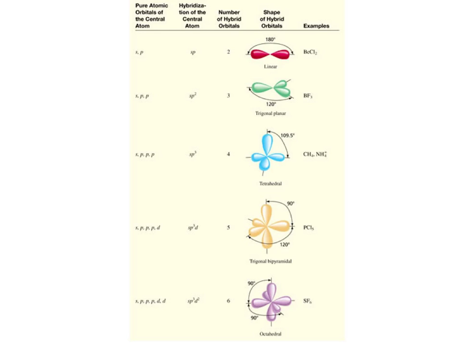When we mix those 3 p's and 1 s, that gives us our sp3 hybridized orbital set. We're going to have 4 groups around that central atom, and those 4 groups are what bring us into our sp3 model. Same thing, when there's 5 groups around that central atom, that means we've needed to mix 3 p's, an s, and a d, and this leads us to our trigonal bipyramidal shape.